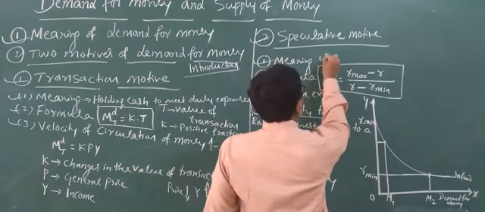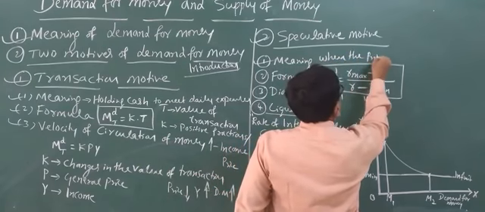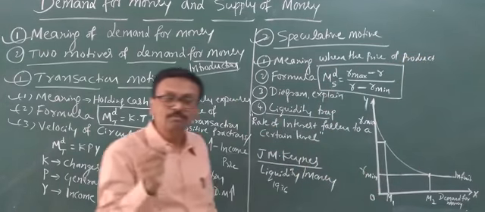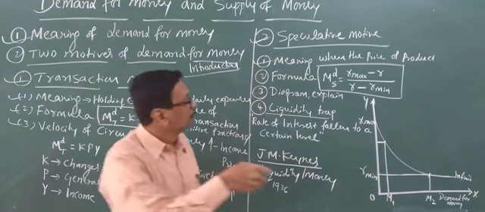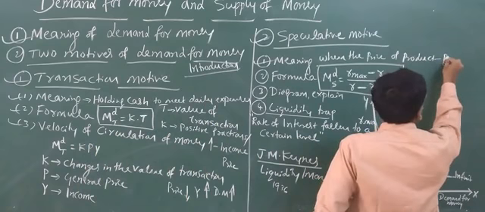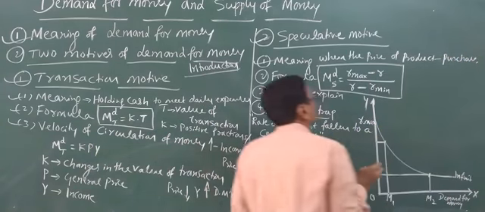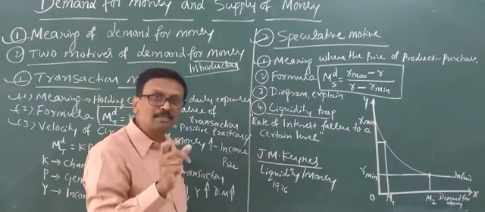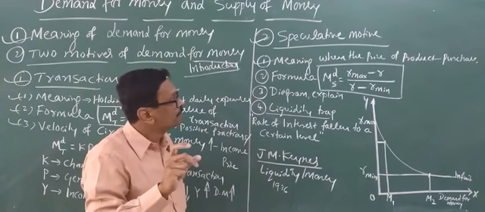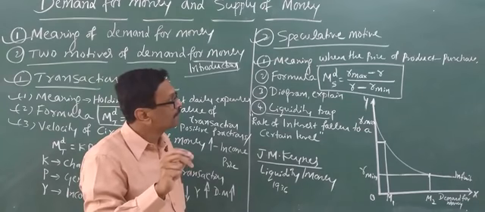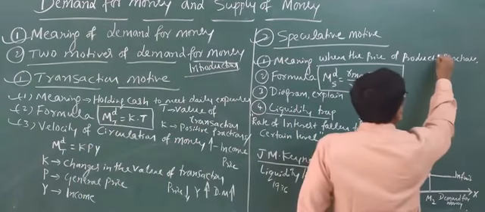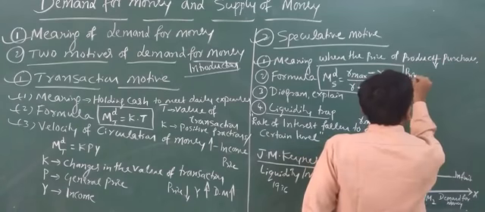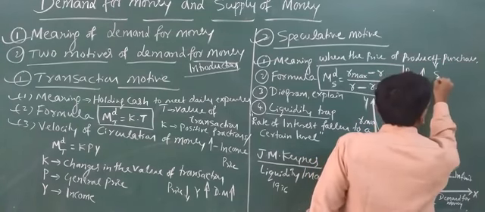Speculative motive means when the price of a product decreases, it is purchased, and when the price increases, it is sold.